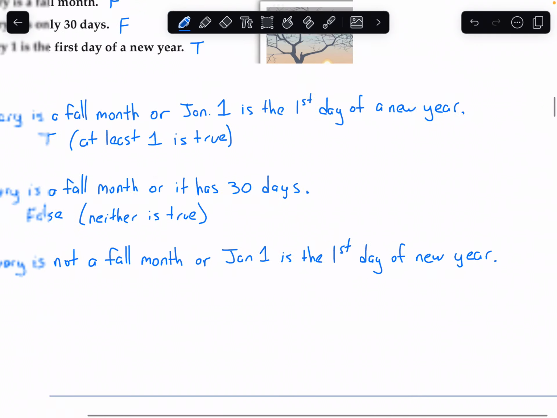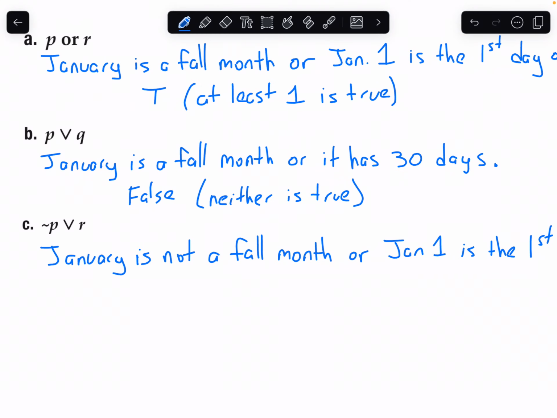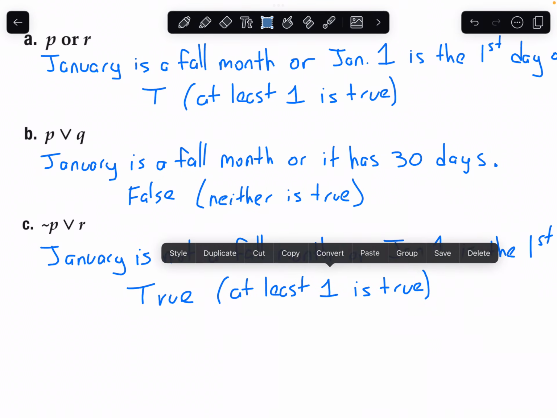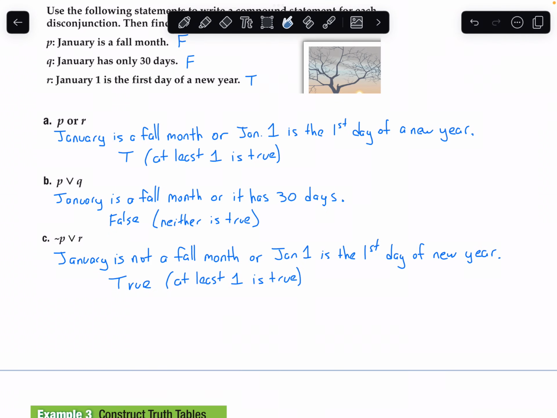Well, now both of them are true. January 1 is the first day, yes, true. January is not a fall month, also true. So the whole statement is true, for the same reason as we have up here. At least one of them is true. It happens to be both of them, but 2 parts is at least 1 part.